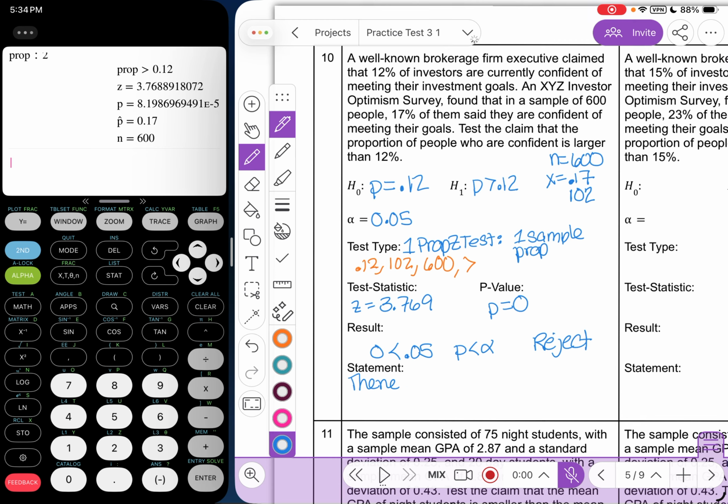So there is evidence to say the proportion of confident people is larger than 12%.